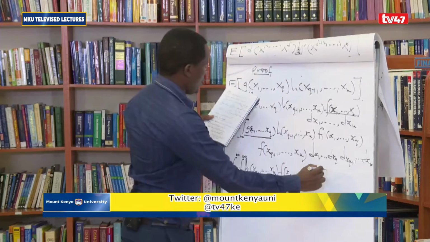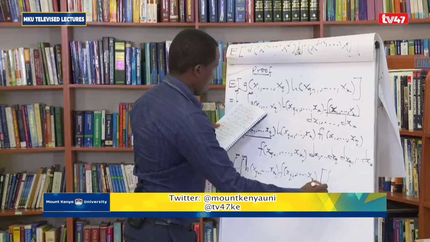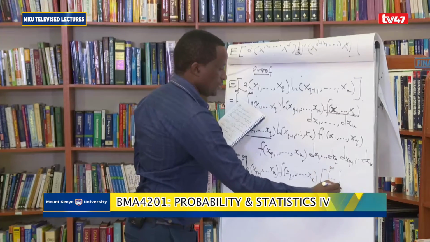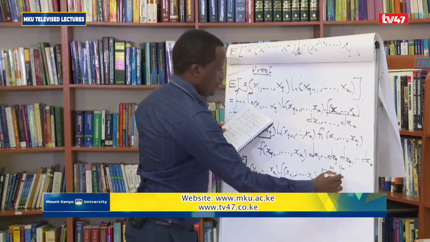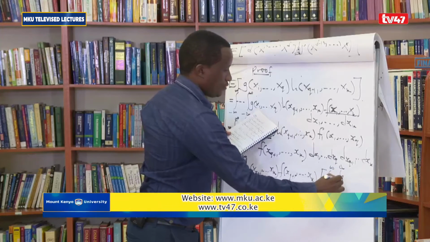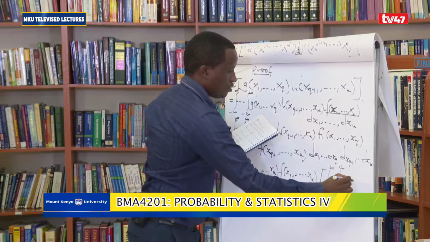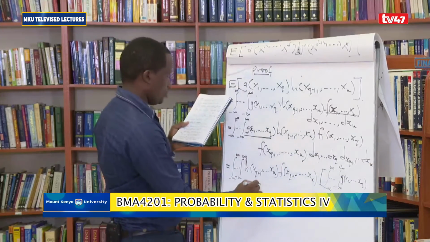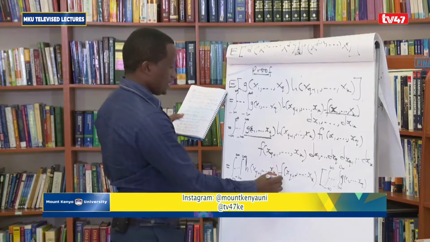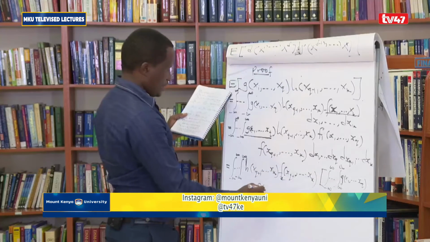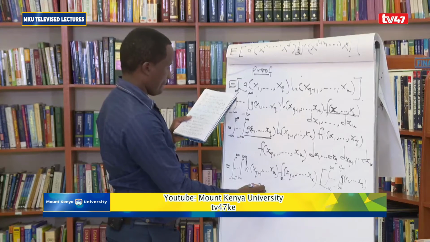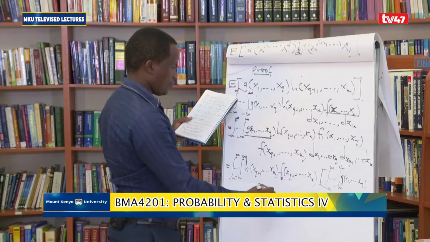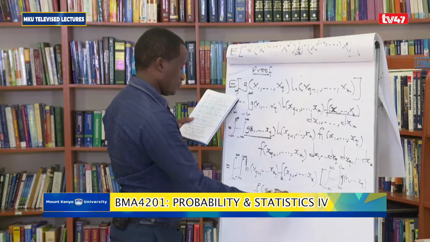Then we have integral negative infinity to infinity all the way to negative infinity to infinity of g of x1 all the way to xq. Then the distribution f1, remember this is f2, f1 x1 all the way to xq.